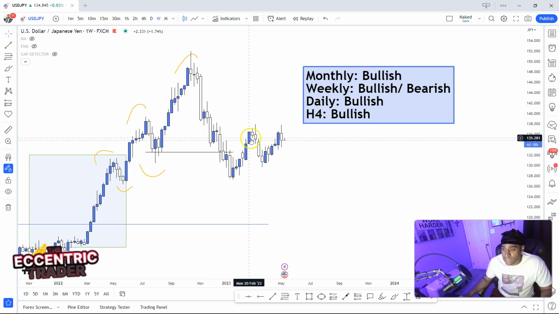Now, price came up and tested this area. This is a point of resistance. It came back down, and it looks like it could potentially be another test right here. Now, a test would be if this candle that it's on currently came down and closed bearish, protruding past this candle right here.